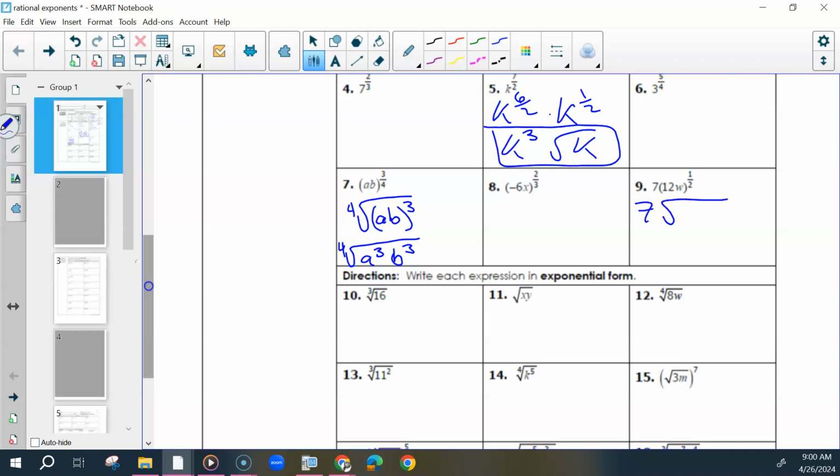Yes. 7 times the square root of 12w. And then we can simplify the square root of 12. The highest perfect square that goes into 12 is what?